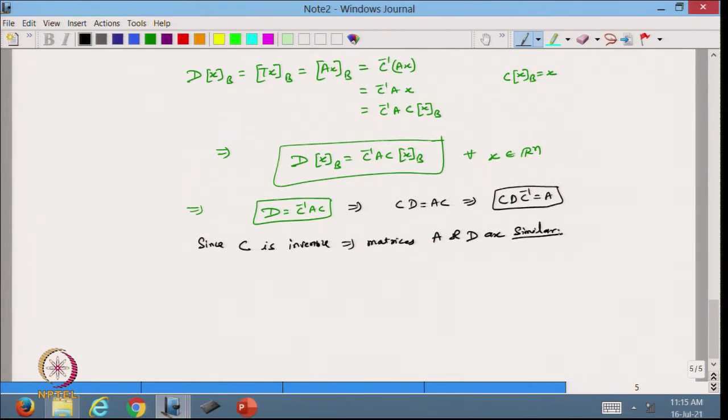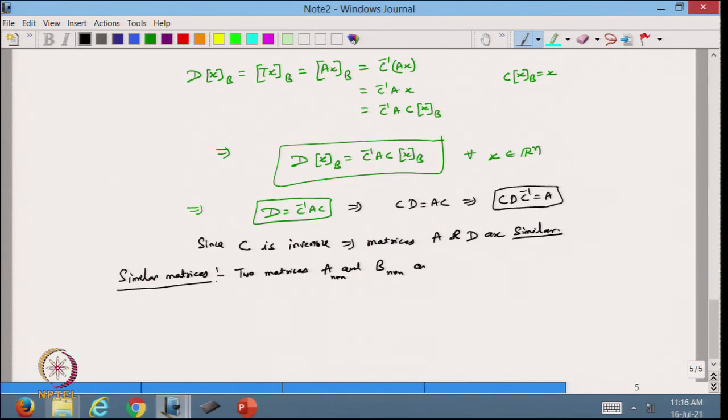because we know the definition of a similar matrix. So, what is the definition? I just write similar matrices. Suppose we are talking about square matrices, the two matrices A and B, of the same order.